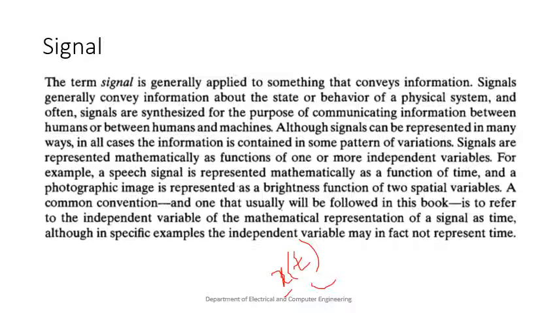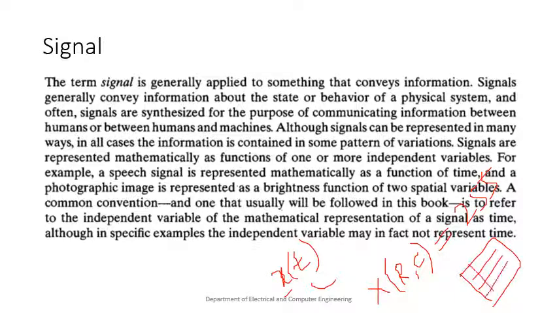Okay. And when we talk about images, an image is a function of two spatial variables. For example, x, and then we have rows and columns, and what is the brightness here? Let's say 255. So in an image you can see that we have rows and we have columns.